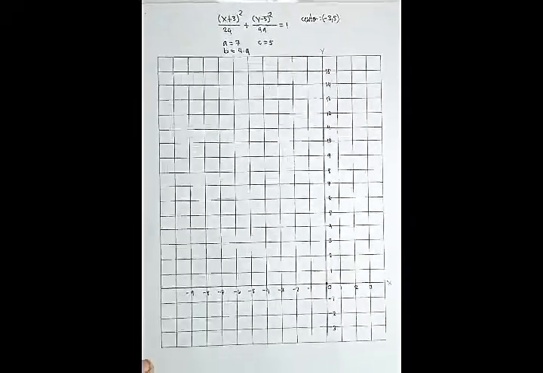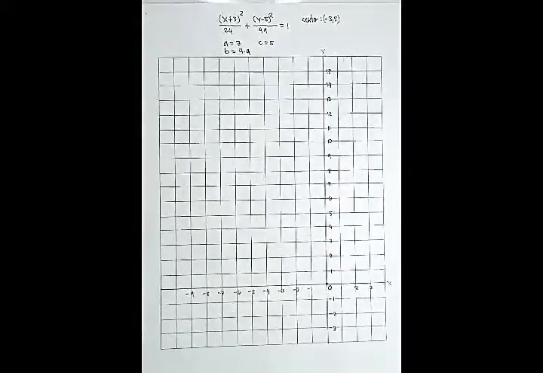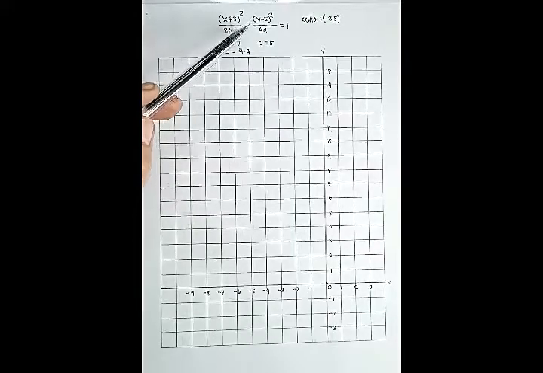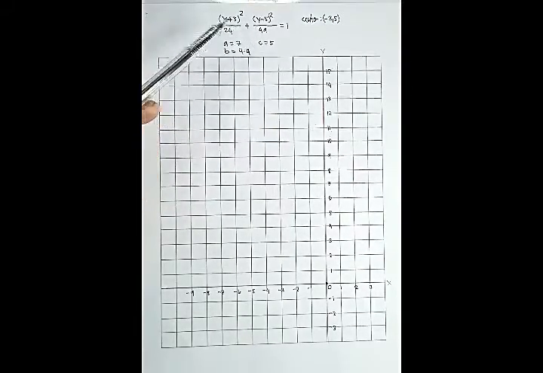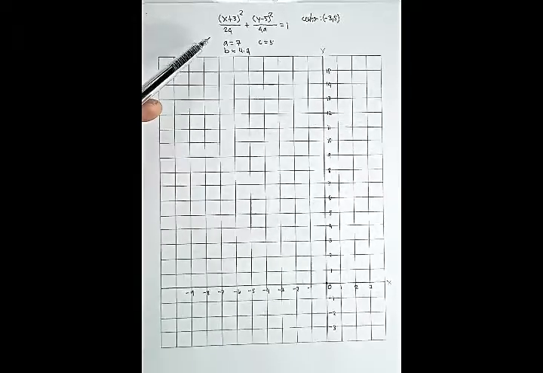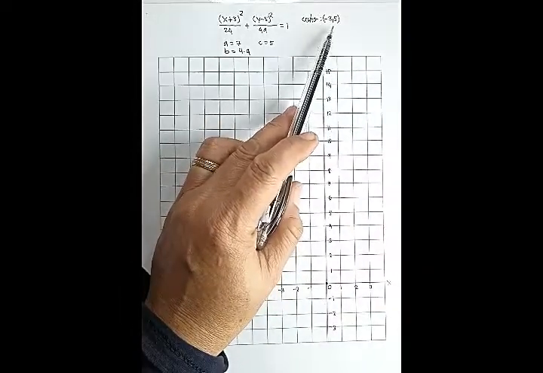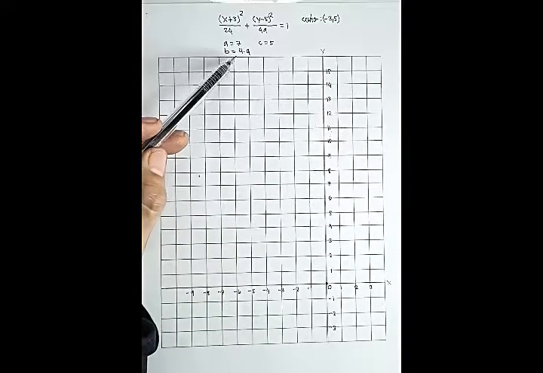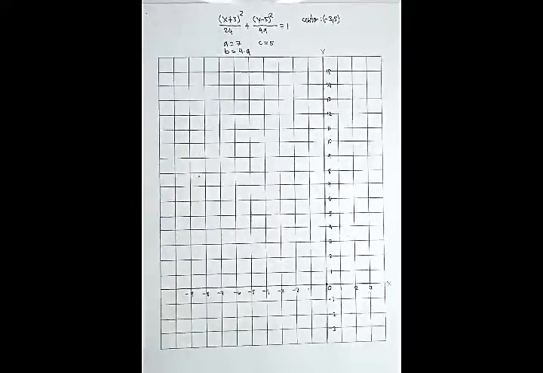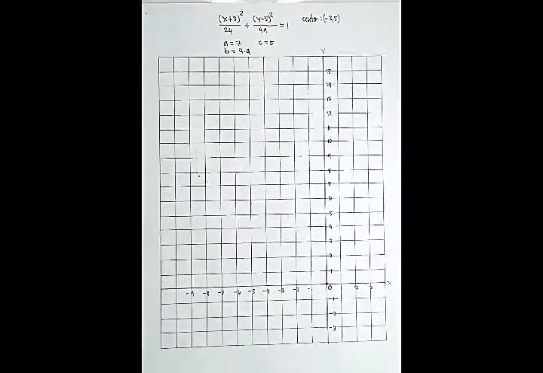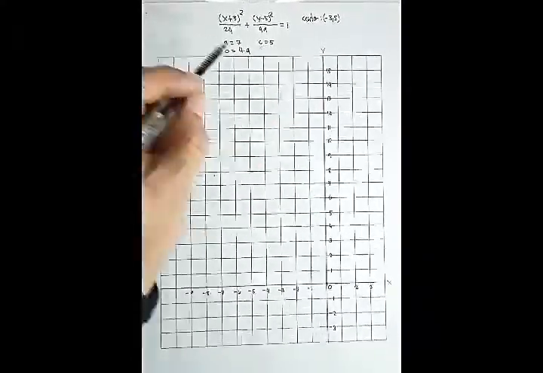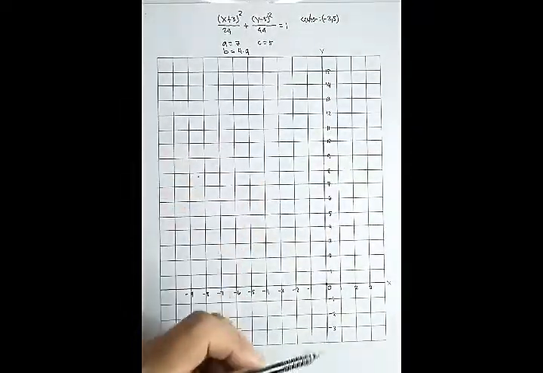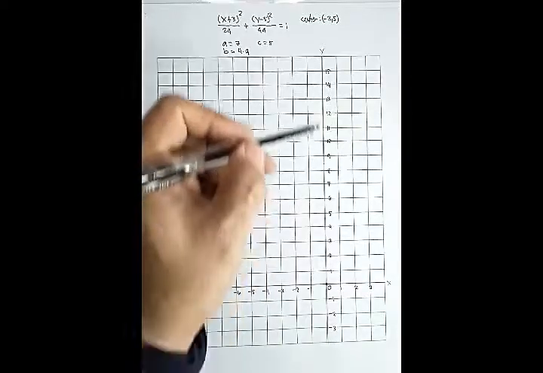Okay. So in our solution earlier, for this ellipse x plus 3 squared over 24 plus y minus 5 squared over 49 equals 1, we solved that its center is at negative 3, 5. A is 7 and B equals 4.9 and C is equal to 5. So first, in plotting this ellipse, we find where negative 3, 5 is. So on our x and y axis, this is the x axis, y axis.